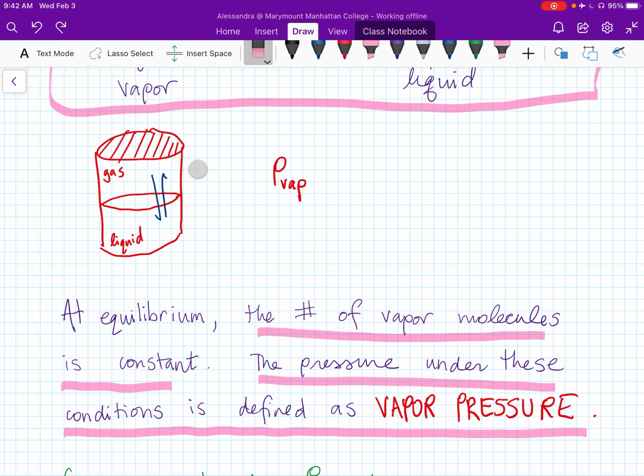I erased it by mistake. What happens? Well, think about it. As temperature goes up, more of the liquid molecules are going to volatilize into the vapor phase. So you're going to have more pressure exerted in that headspace. So vapor pressure is always going to increase as temperature increases. So the higher the temperature, the higher the vapor pressure.